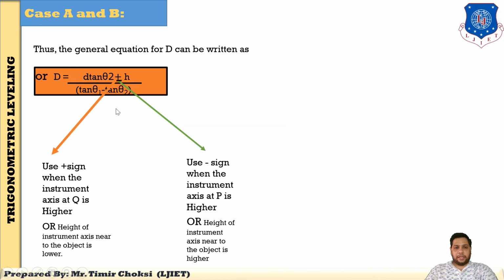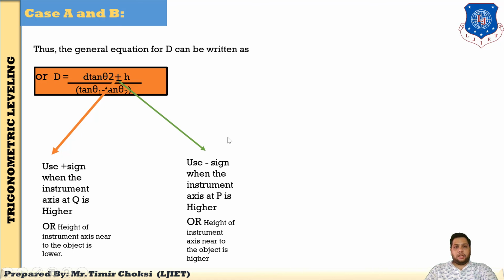So I have made the general equation. Clearly remember that D equals small d tan theta 2 plus or minus H divided by tan theta 1 minus tan theta 2. Use the plus sign when the instrument axis Q is higher, and use the minus sign in case B, when instrument axis P is higher. So this is our general equation.